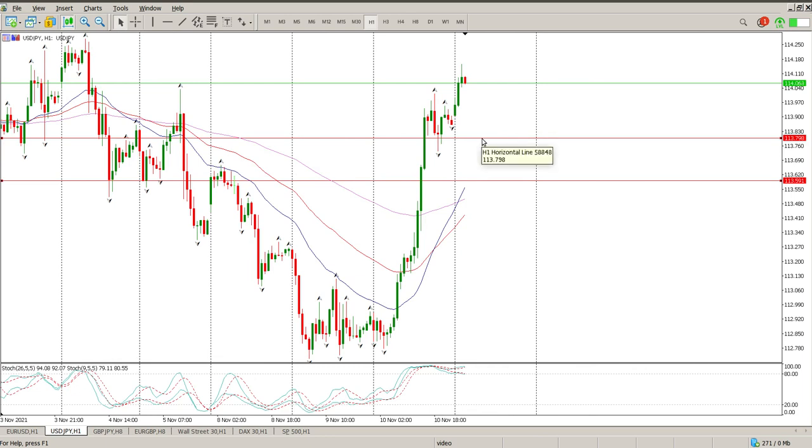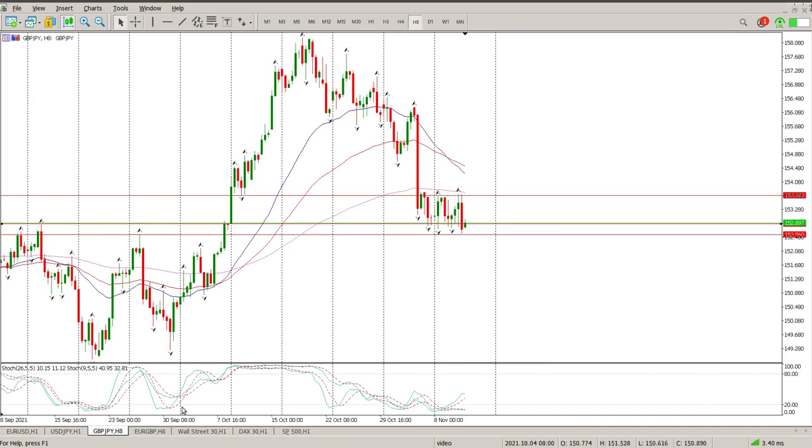That's 113.798, and then the second area, which would also retest the moving averages, is 113.590. So it does look like a bit of a flag forming, so I would expect some kind of a pullback. There is a gap from this morning, so that definitely would be a target as well. So wait for the pullback and wait for structure to form, and then you're looking to be back in long on this one.